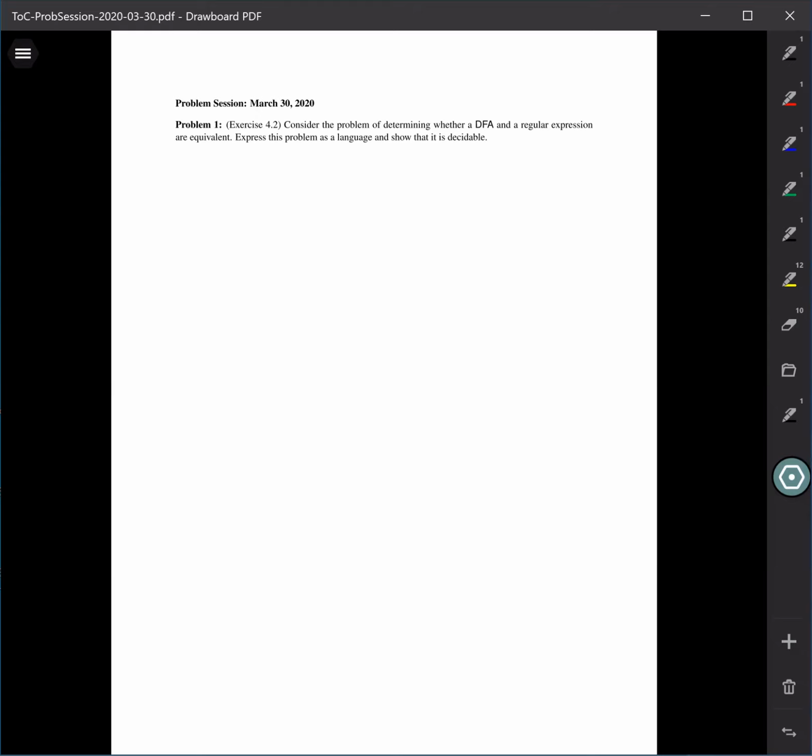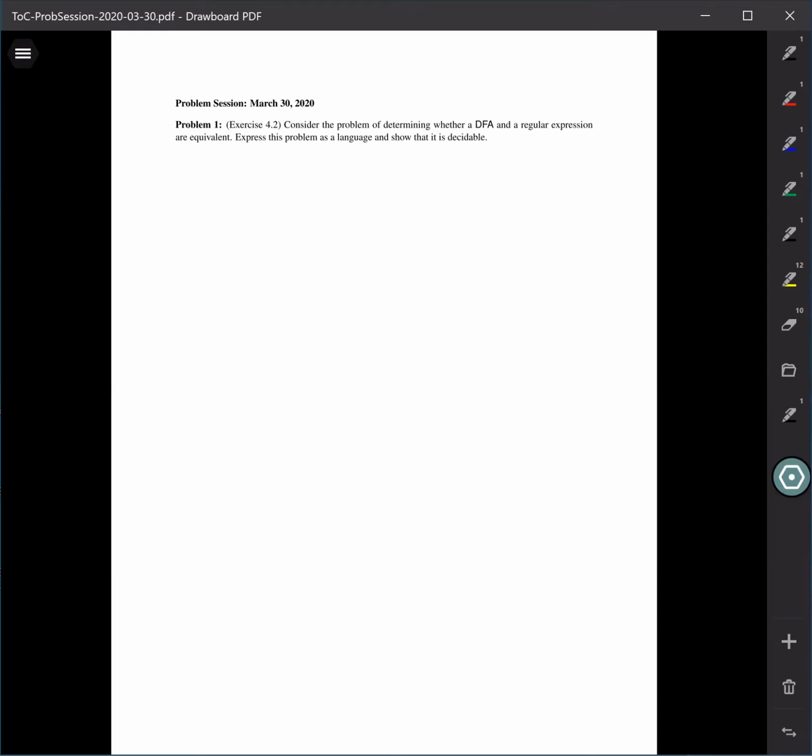So algorithms that work on DFAs, for example, or algorithms that work on context-free grammars, or algorithms that work on Turing machines. So questions you might ask about those. For example, given a particular DFA and a string, does the DFA accept the string? And these are all things that we have done in class.